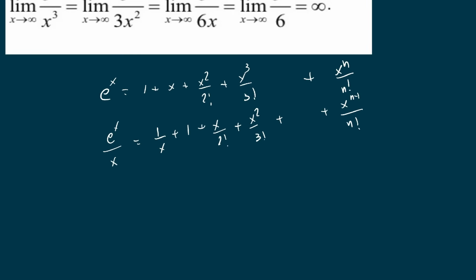When x goes to infinity, the first term will go to 0, the second will go to 1, the next will go to infinity, and all the rest will go to infinity, so at the end the sum will go to infinity.